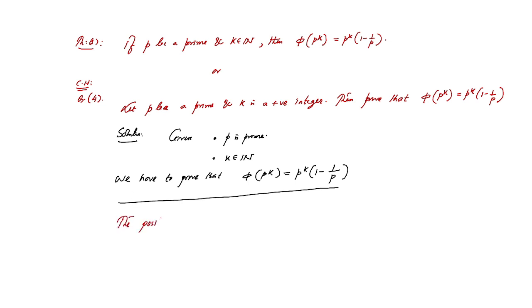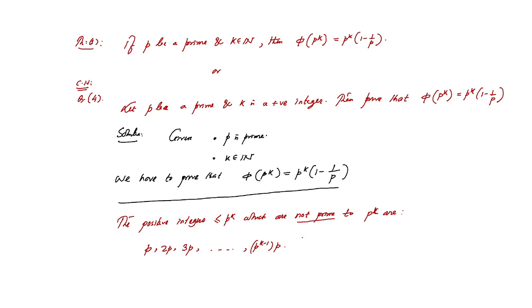The positive integers which are not prime to p to the power k are p, 2p, 3p, up to p to the power k minus 1 into p.